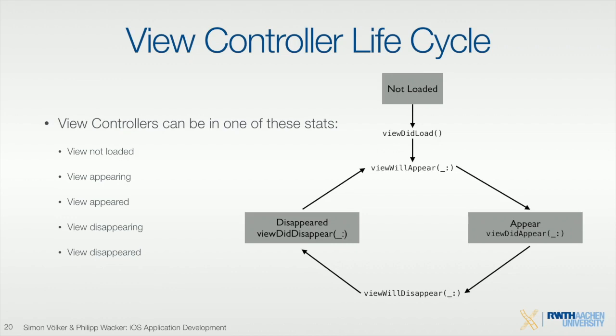And between every transition between these states, you have a message that you, as a developer, can react to. So for example, when you start the app, no view is currently loaded.